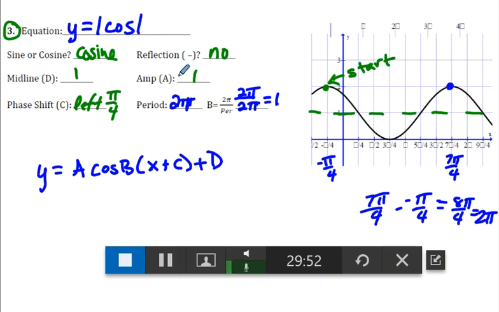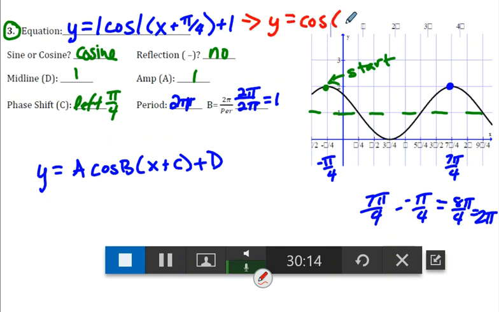And again, you don't have to write the 1. All right, if I'm going left pi over 4, is it plus pi over 4 or minus? Plus pi over 4. And my midline is 1, so plus 1. So some of you guys pointed out that you could make this a little bit shorter by writing y is equal to cosine x plus pi over 4 plus 1. Okay?